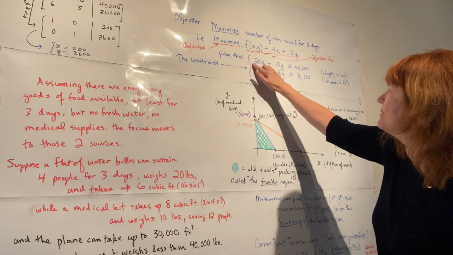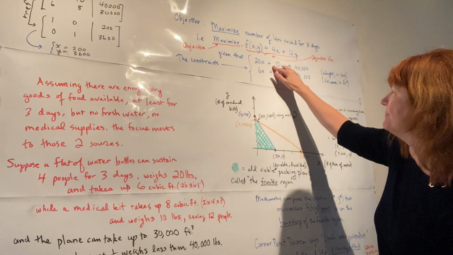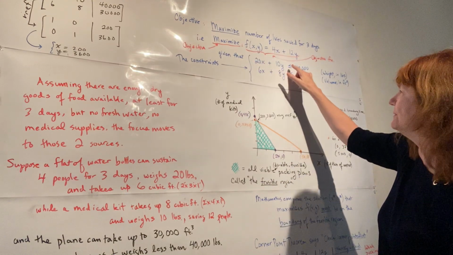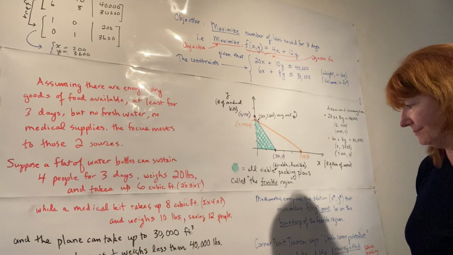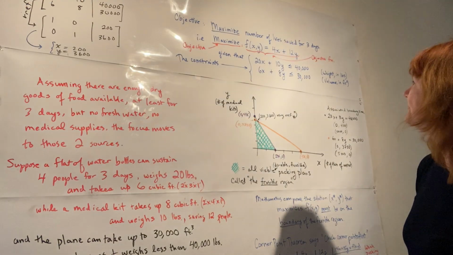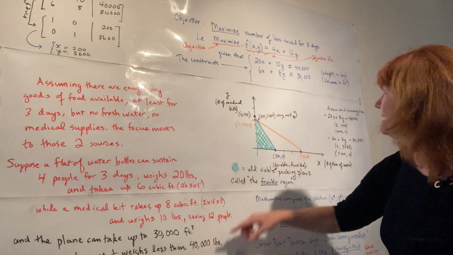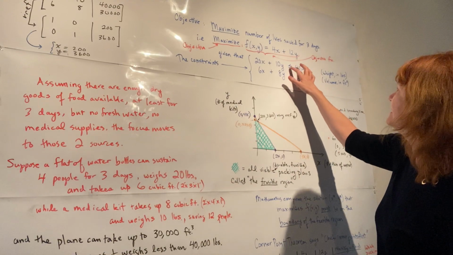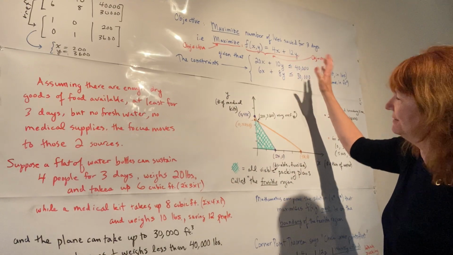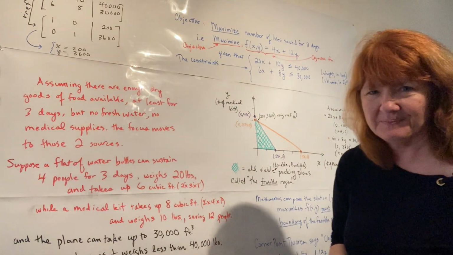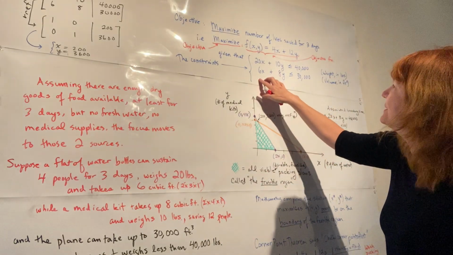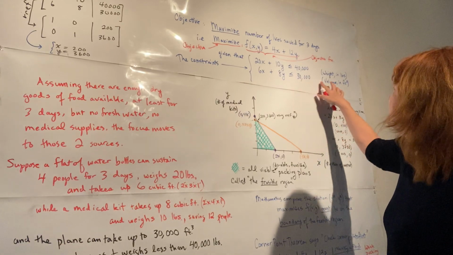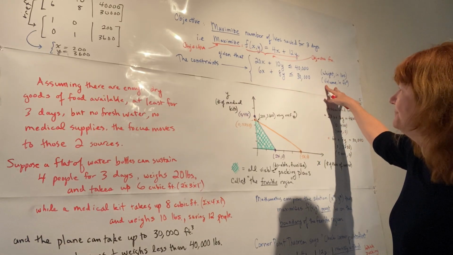So weight contributed by all the water, weight contributed by all the medical kits, gives you total cargo that has to be less than or equal to 40,000. Okay? Or it said over here less than, so we could actually make this into a dashed line, but this will be fine for now. Okay, so the constraints, this is the second constraint, I'm referring to what happens with the volume.